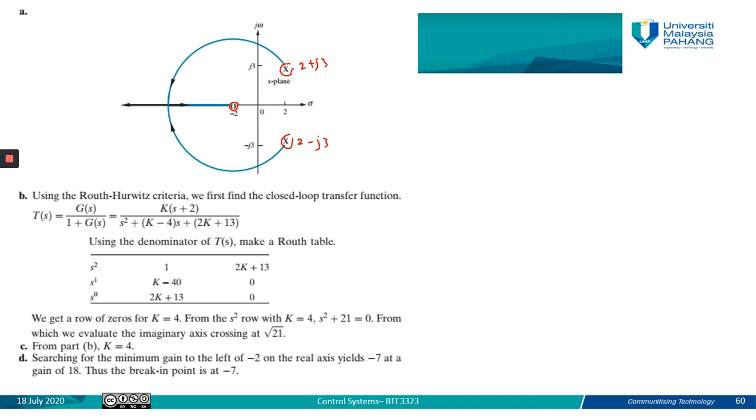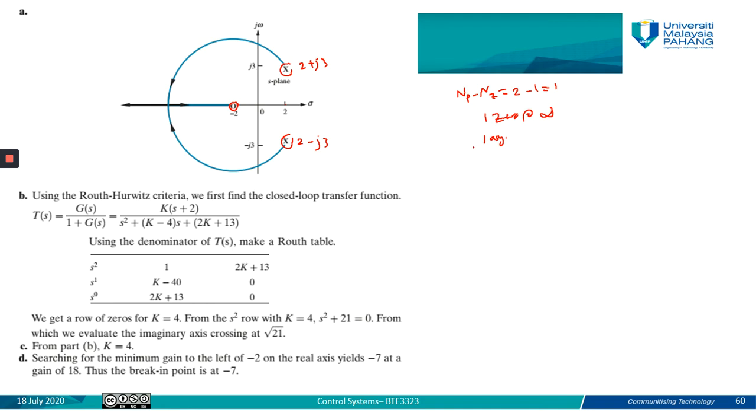We have two poles and one zero. That means the difference between the number of poles minus the number of zeros is 2 minus 1, which equals 1. So we have 1 zero at infinity, and since we have 1 zero at infinity, the number of asymptotes here is equal to 1 asymptote only.